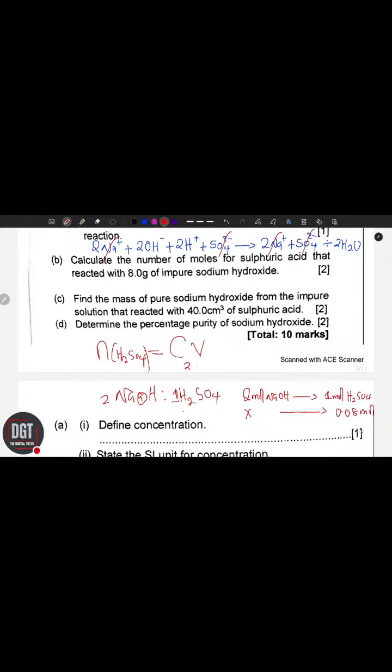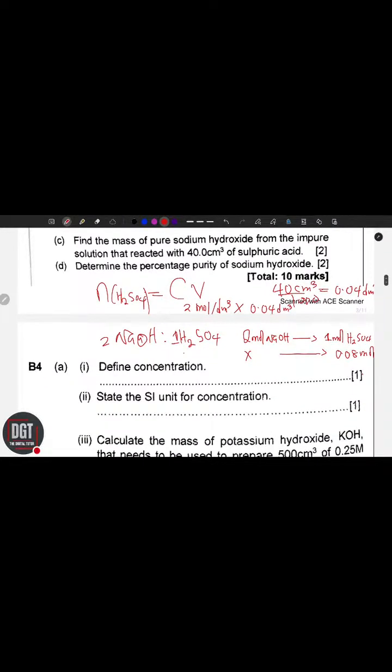The concentration is 2 mole per decimeter cubed. The volume is 40 cubic centimeters. In decimeter cubed, we divide by 1000, which gives us 0.04 decimeter cubed. Then we multiply 2 by 0.04, which gives 0.08. That is how we got 0.08.